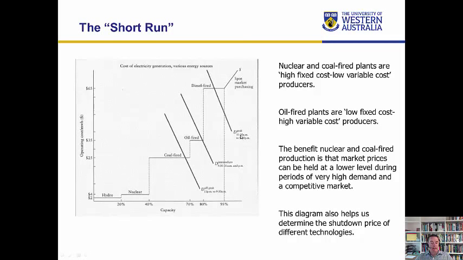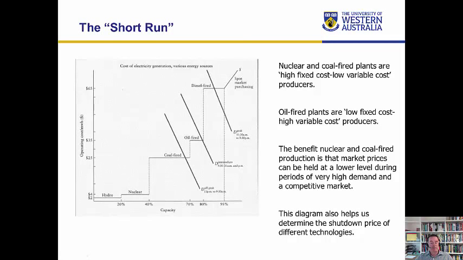But then when we go to peak, the demand curve is much further to the right, and what we can see from this marginal cost curve is that for this much production, looking at the intersection of the D peak curve and the diesel-fired part of the supply curve, the system would have to be at roughly 88% capacity, and the market price is going to have to be 65.